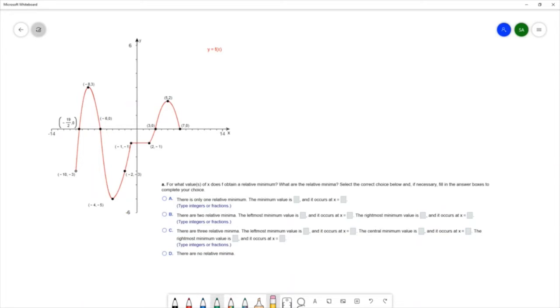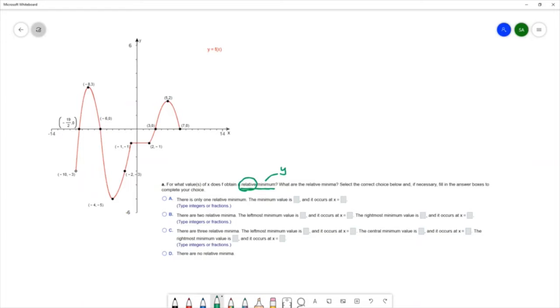So what we're looking for in this example is a relative minimum. A minimum, the word minimum, is describing the y. And so what we're looking for is a small y value, or the smallest y value. Now that's with a slight caveat because we have the word relative.